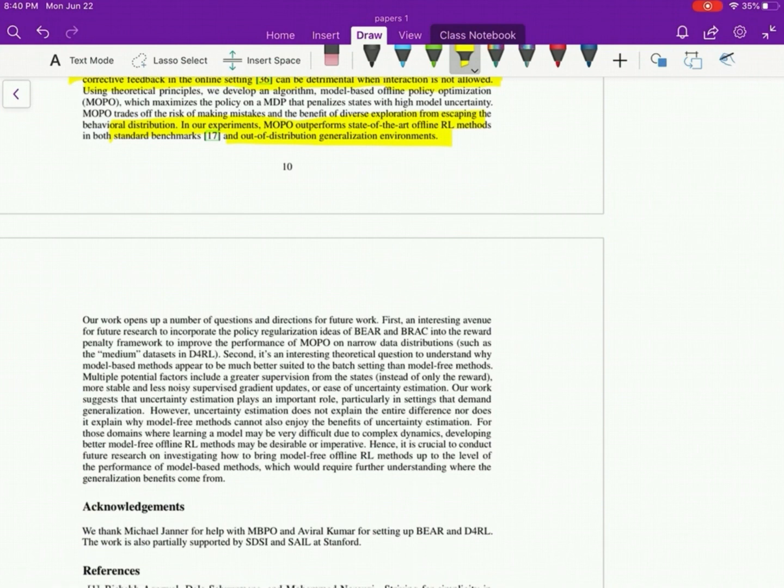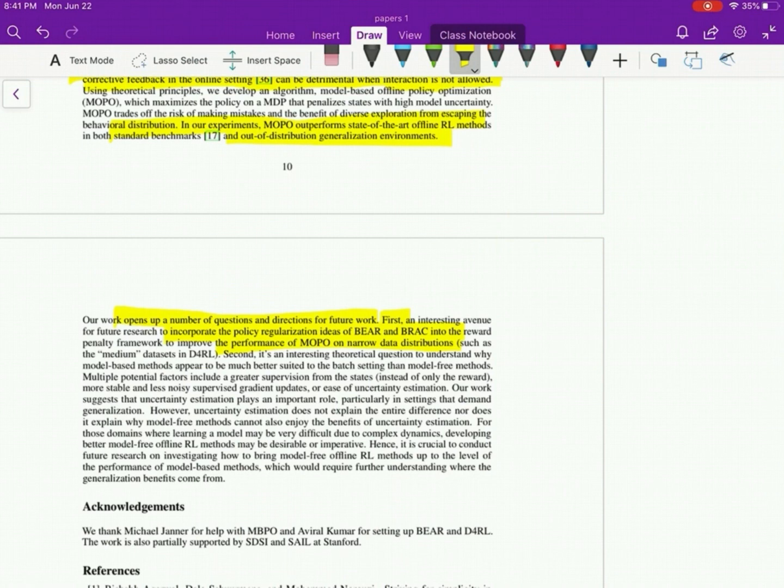Now this work opens up a number of questions and directions for future work. First is to incorporate policy regularization ideas into a reward penalty to improve on narrow distributions, such as medium datasets.